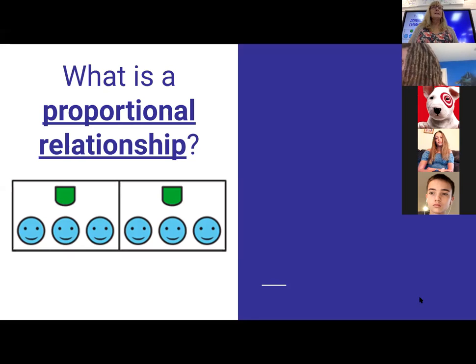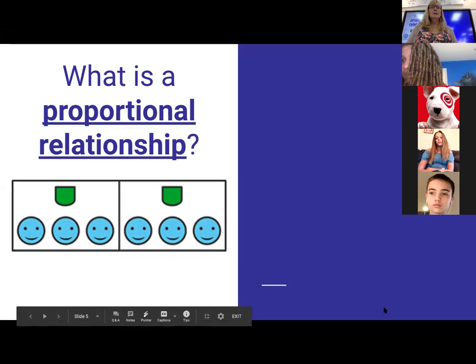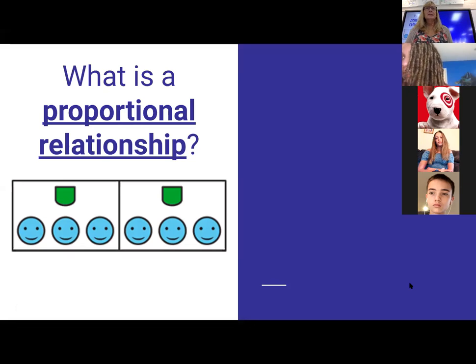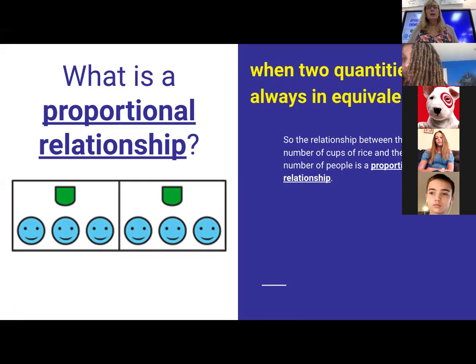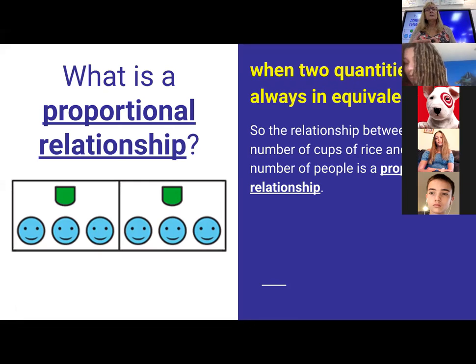Two quantities where their ratios are equivalent. Yes. Good. Basically, is this just equivalent ratios? It is. We are building on what you learned in sixth grade about equivalent ratios. When you have equivalent ratios, we say they are in a proportional relationship.